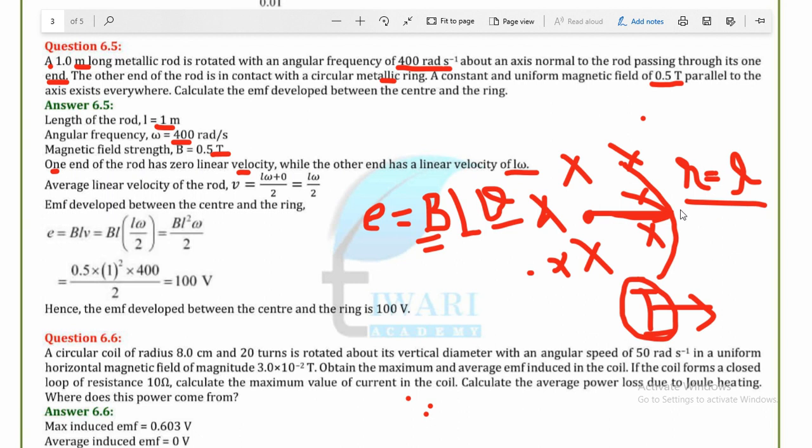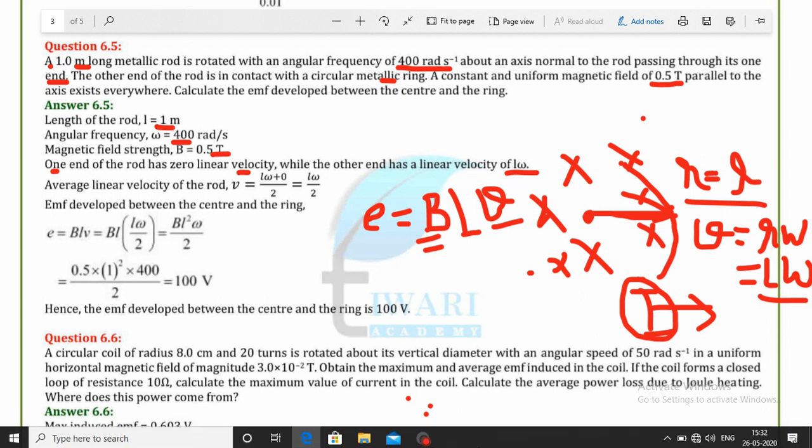Since you know that the relation between V and omega is V is equal to R into omega, but since R is equal to the length, you can write L into omega, where r is equal to length of the rod. So you can use this formula, that is linear velocity is equal to L into omega.